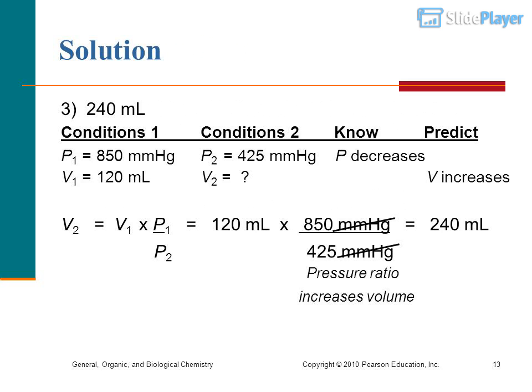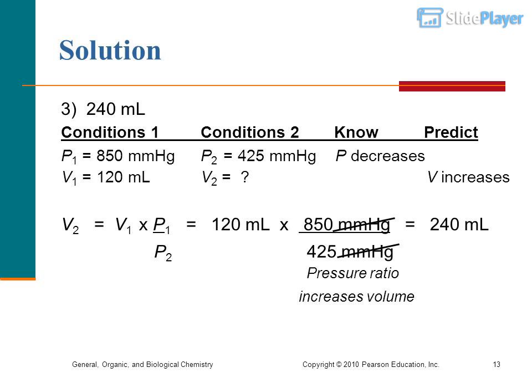Solution. 240 milliliters. Conditions 1, conditions 2, predict. P1 equals 850 mm Hg. P2 equals 425 mm Hg. P decreases. V1 equals 120 milliliters.